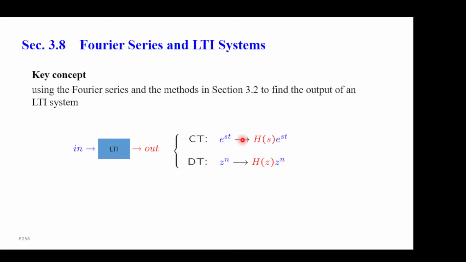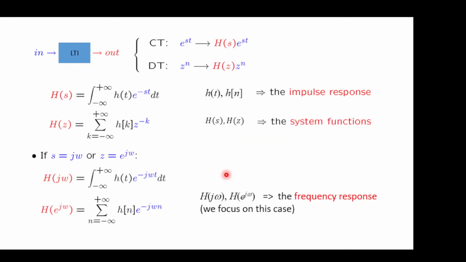And this is our excuse at the start. We said that those complex exponentials are the eigenfunctions for a TI system with those eigenvalues big H of S, big H of Z. Okay. So this is a reminder of the starting point. So for continuous time, this exponential function e to st will be an eigenfunction, and so the output will be the same e to st with some eigenvalue H of s.